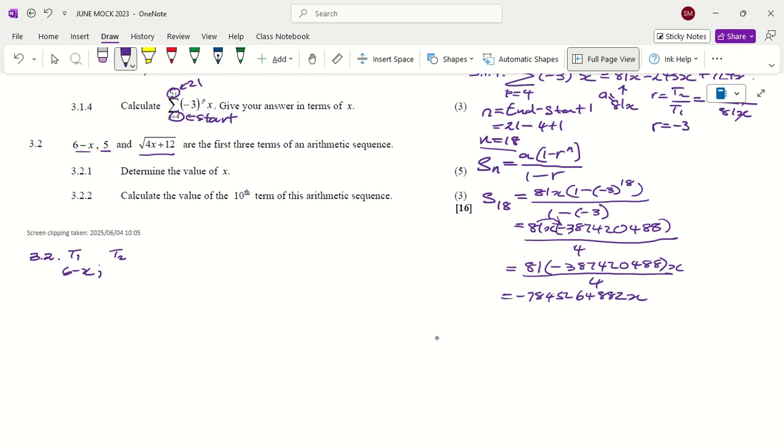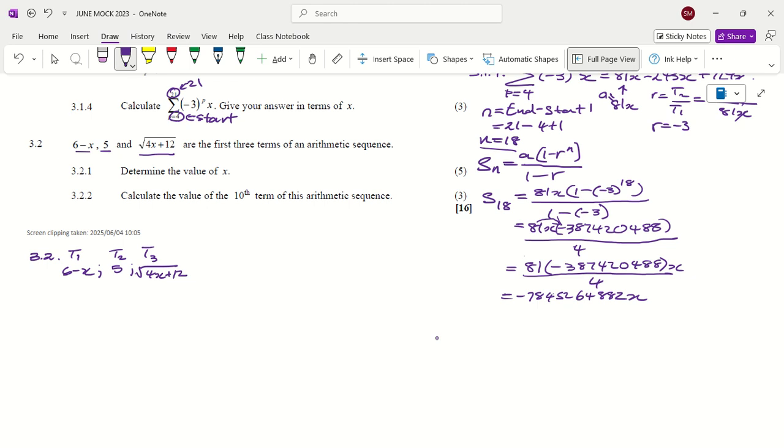Sharp. Term 2 will be 5. Then term 3 will be the root of 4x plus 12, right?